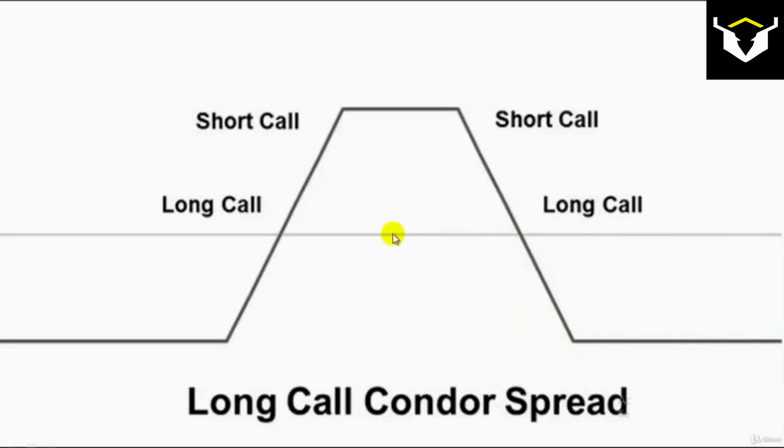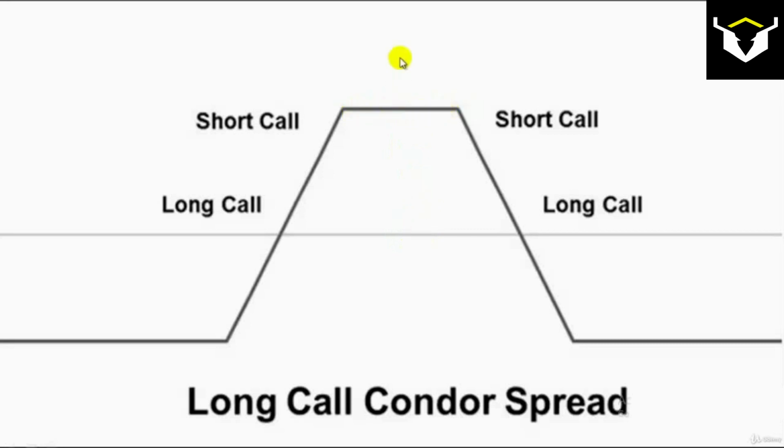Similarly, the same option strategy can be used for in-the-money call options. All you have to do is short the nearer in-the-money call and go long the farther in-the-money call. If prices were to move in this range, this is the profit range, and he will continue to generate time value profit. But you can see this is the maximum profit the trader can get from the time value decay.